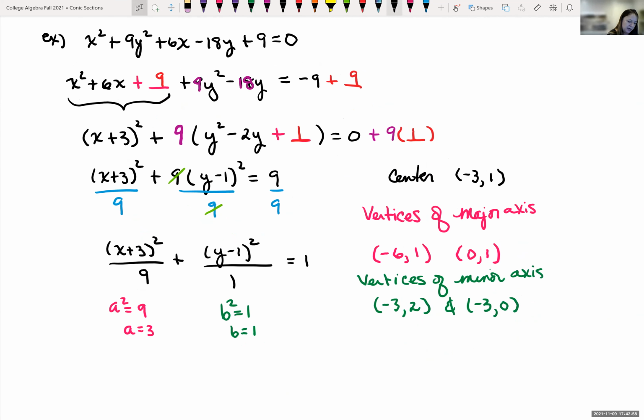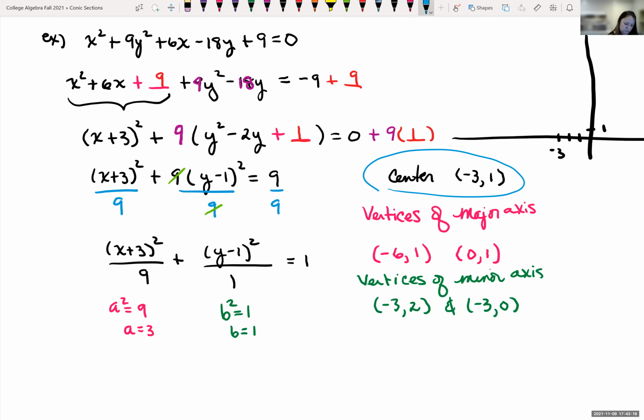So we can start graphing what we have. So we have a point at negative 3, 1. So we have our center. Our vertices on our major axis, we have negative 6, 1, and 0, 1.